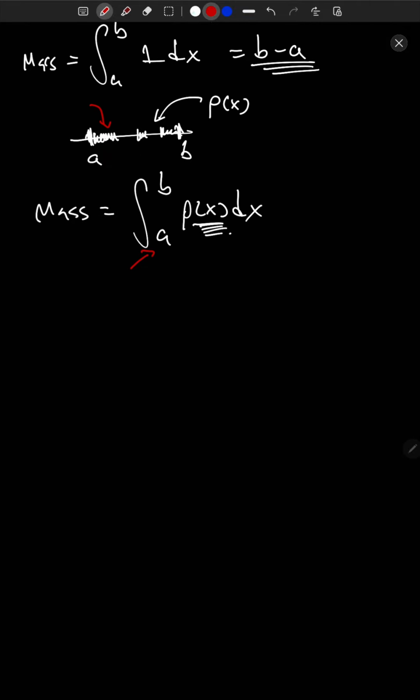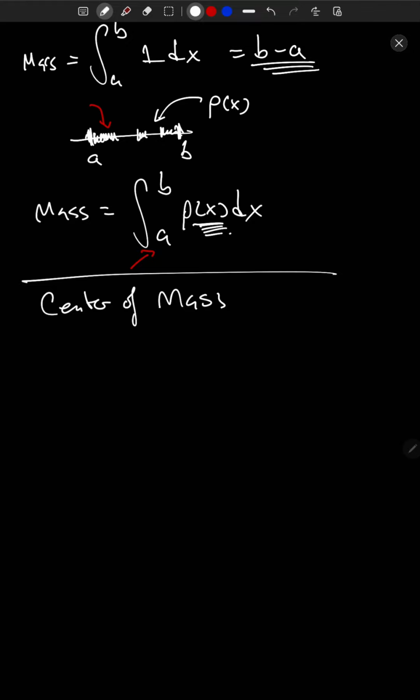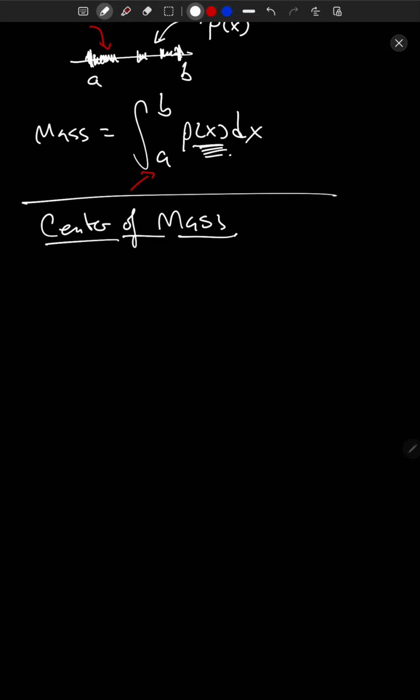Okay. Center of mass. So center of mass, the concept is relatively straightforward, right? We have a rod. It has perhaps some interesting mass density, dense in some places, not so dense in other places.